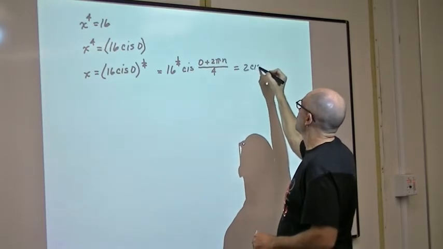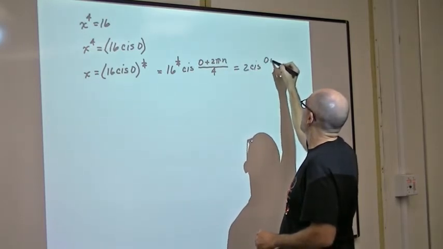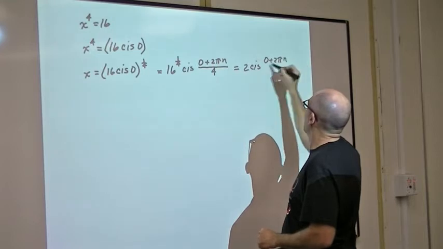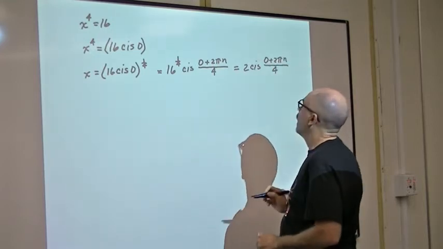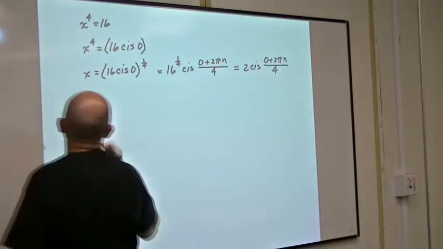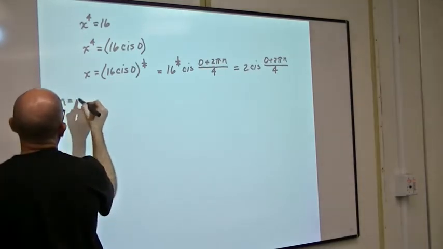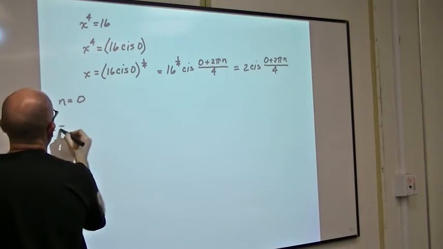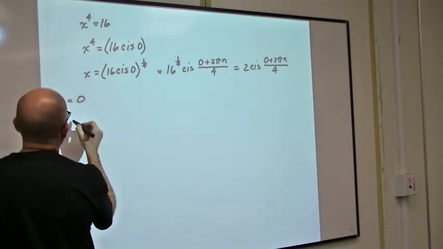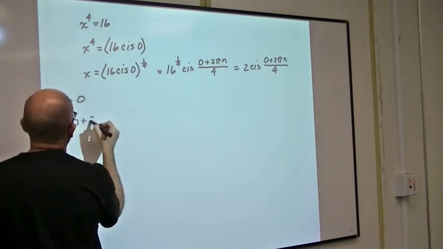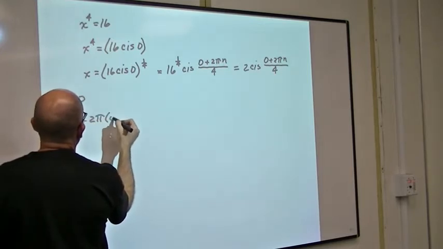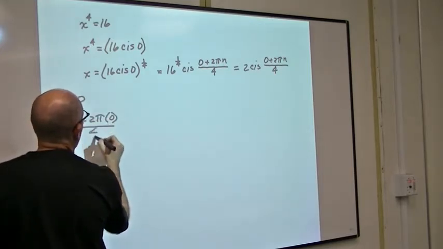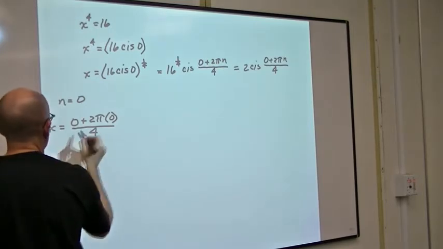So we've got 2 cis 0 plus 2 pi n all over 4. Okay, so first case is where n equals 0. So if n equals 0, then x equals 0 plus 2 pi times 0 over 4. Rats, forgot the cis.